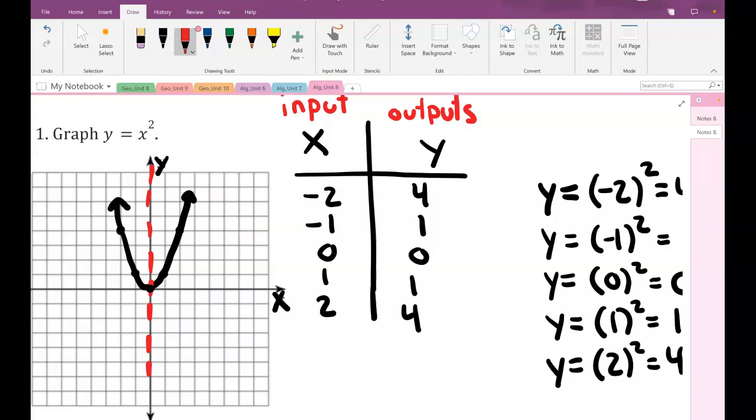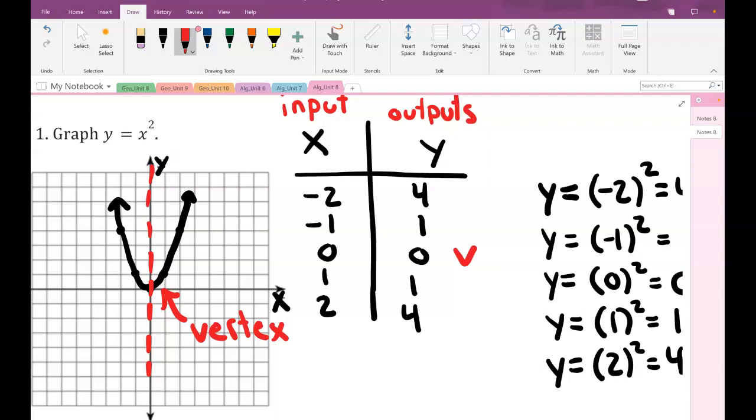And if we look at our table now, remember our vertex is our lowest point or our highest point. So this is your vertex, which is right here on our table. Our table is symmetric as well. Notice from this vertex, it's 1, 4, and there's also 1, 4 as well.